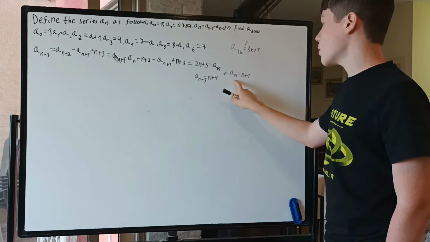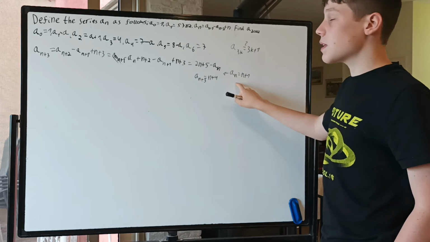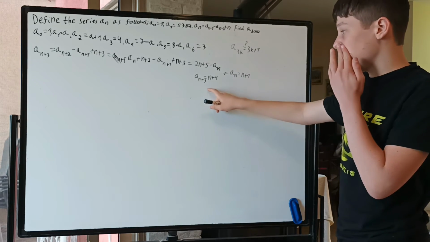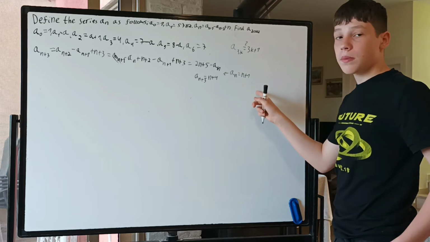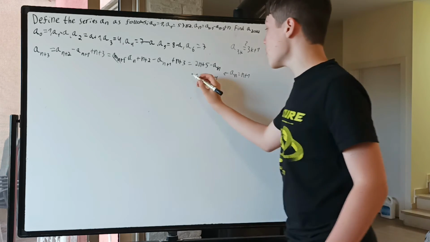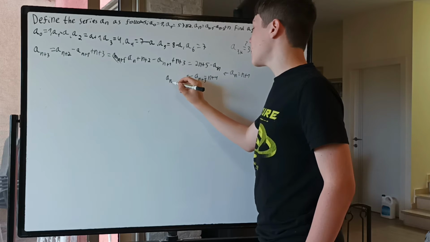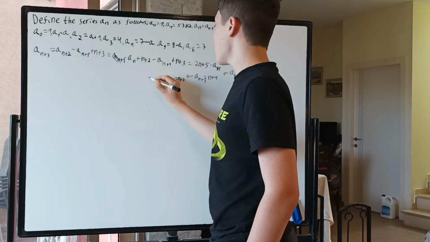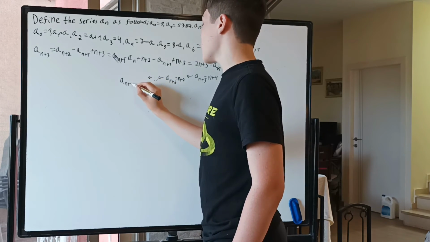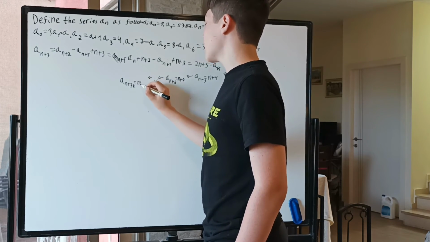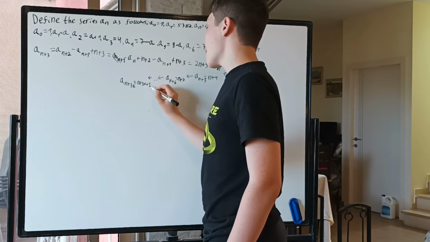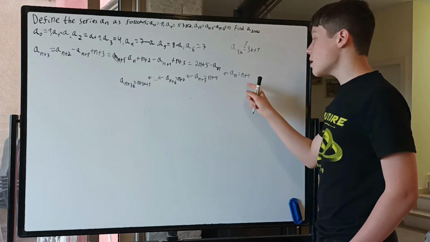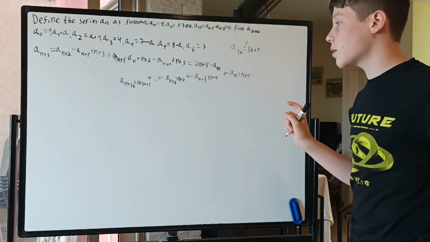So if this is true for a specific number n, then we can add 3 to it, and it'll still be 1 plus it. So if A_n is n plus 1, A_{n+3} is n plus 4, which would also mean A_{n+6} is n plus 7, and in general A_{n+3k} would be exactly n plus 3k plus 1. This is true if there is some specific number n for which A_n is equal to n plus 1.